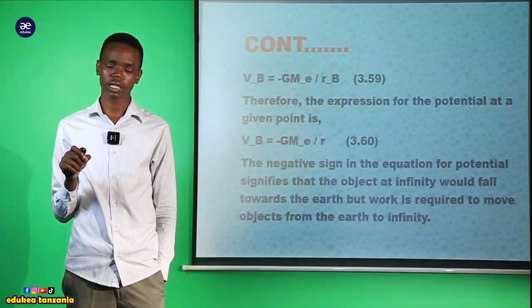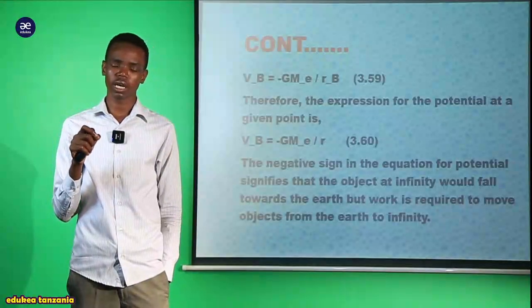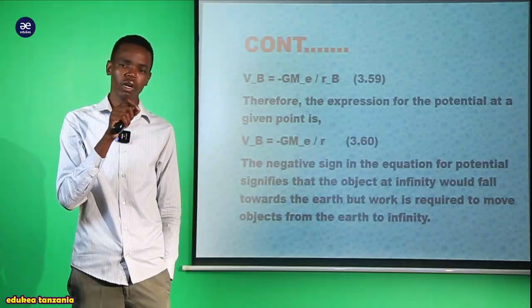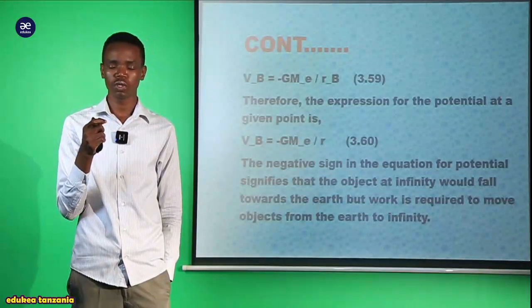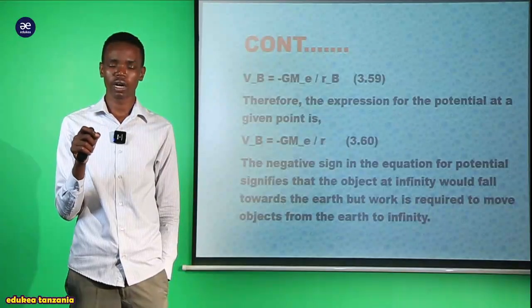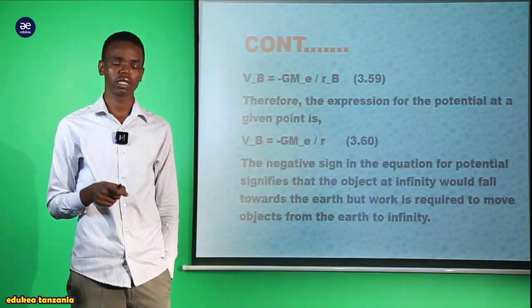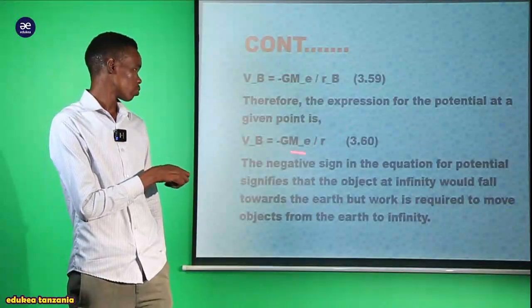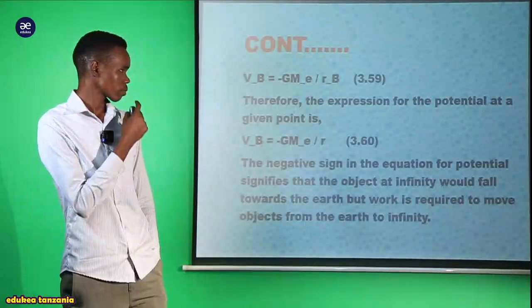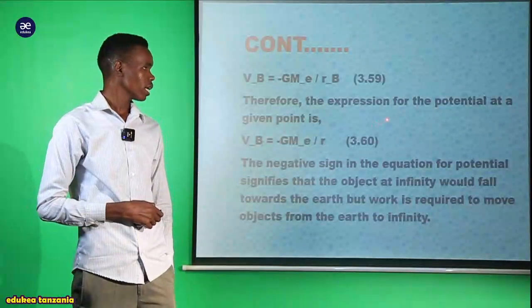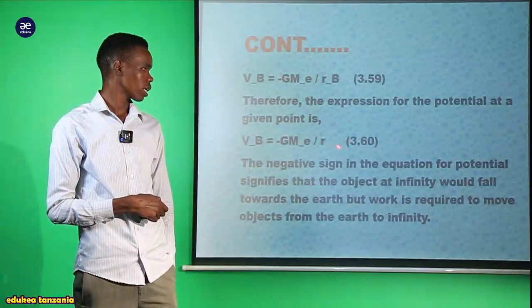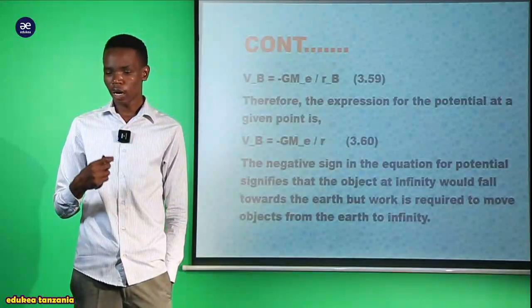We consider that the point A is at infinity. Now, if it is at infinity, we substitute 1 over R, which is 0, and our formula becomes this. Therefore the expression for the potential at the given point is this.